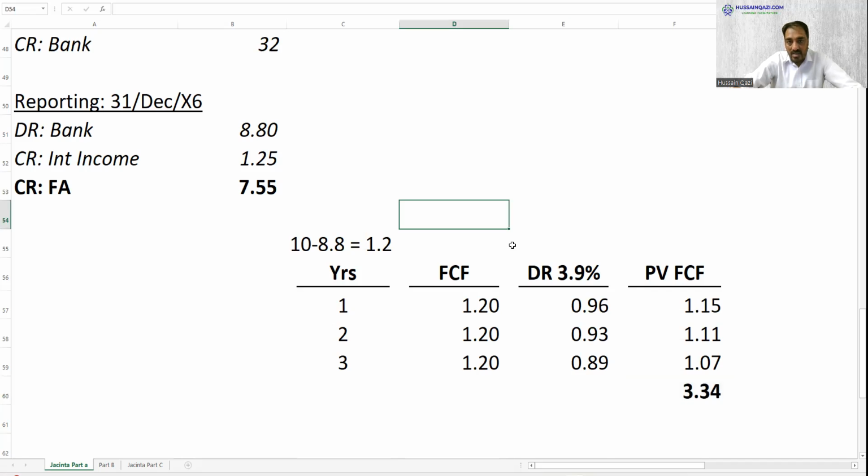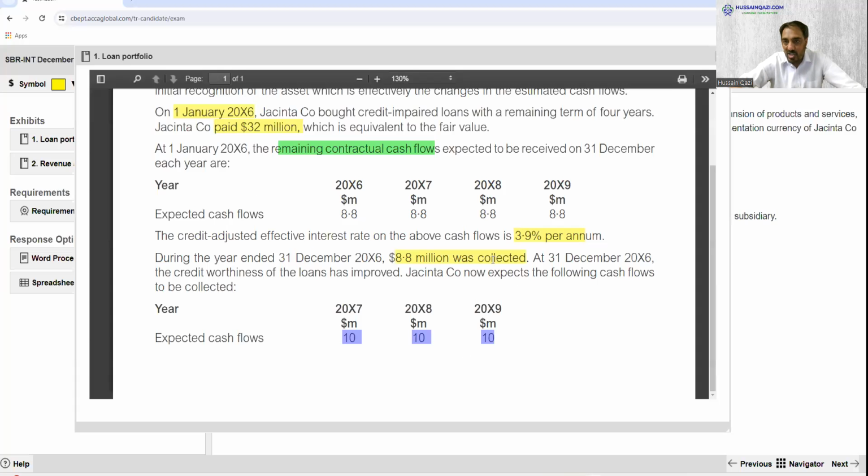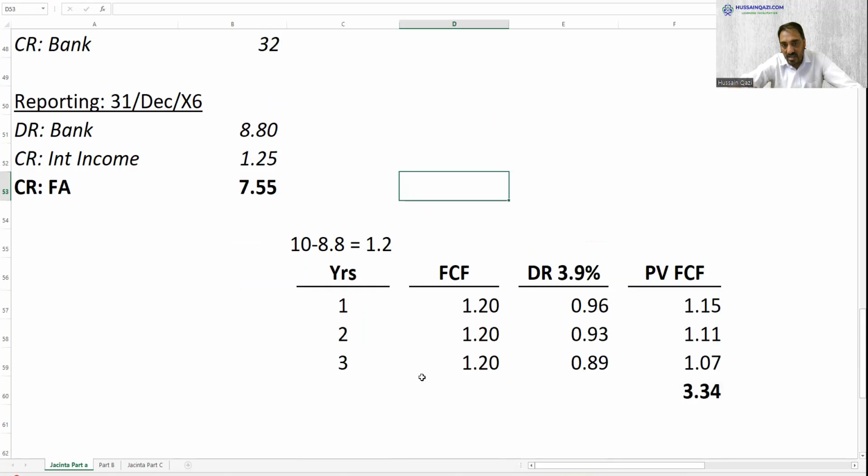Once again, what about the reversal of impairment? Here originally expected for the remaining time period 8.8, 8.8, 8.8. But after the improvement of creditworthiness, Jacinta now expects to receive 10 million, 10 million, 10 million. So what's the difference? 10 minus 8.8, that is 1.2 million each year.